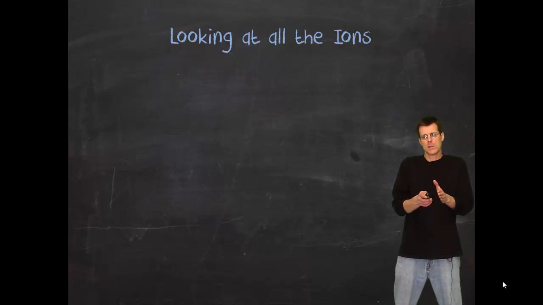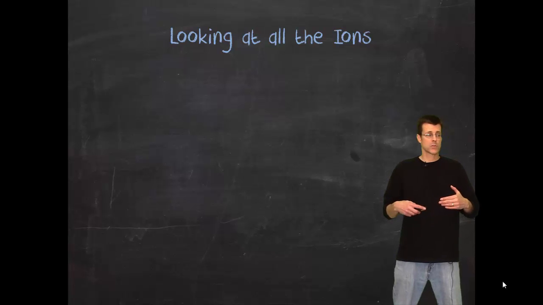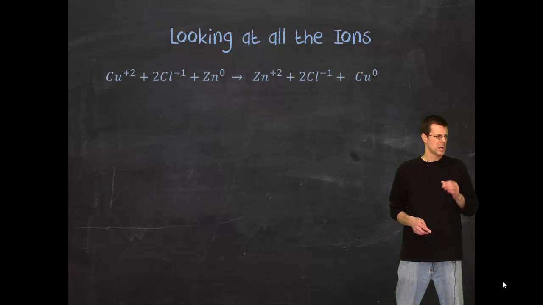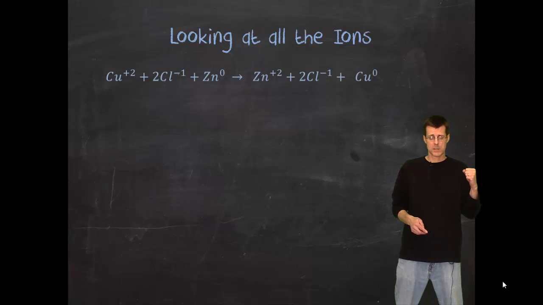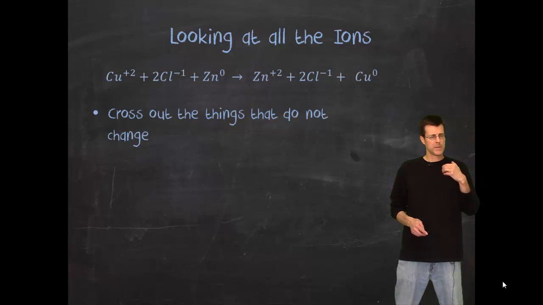If we were to take that reaction as we had it and turn it into what's called the net ionic equation, and that's just looking at the things that are undergoing changes, we strip it down to all the ions combined and then cross out the ones that are not changing.